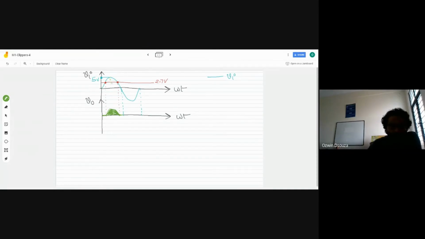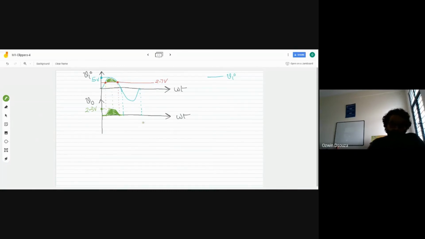So one important observation is that when your input hits the peak value, the output will not follow the input peak value. Instead, the output peak is limited to 2.3 volt. So basically, whatever waveform you are seeing on the output axis is the waveform which is found beyond the 2.7 volt level.